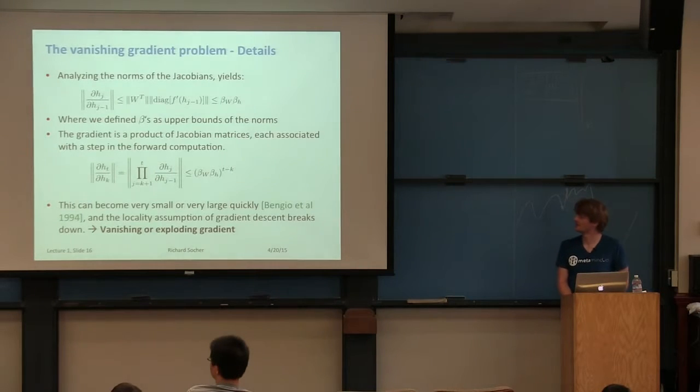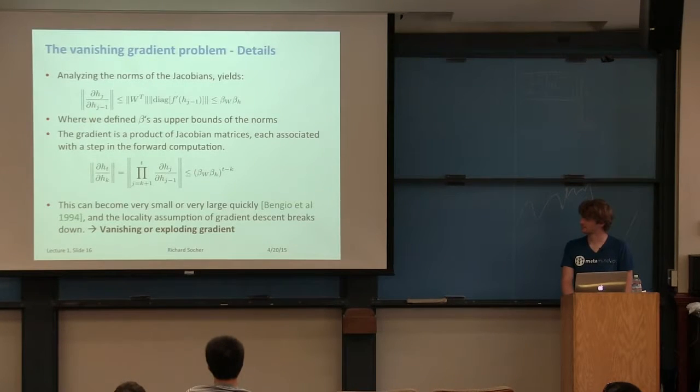Yes? It's a little unclear to me how the exploding gradient would happen in a case where you have these saturatable nonlinearities. It seems like if the magnitude of the hidden state is growing, then eventually you saturate and then your gradient flatlines.